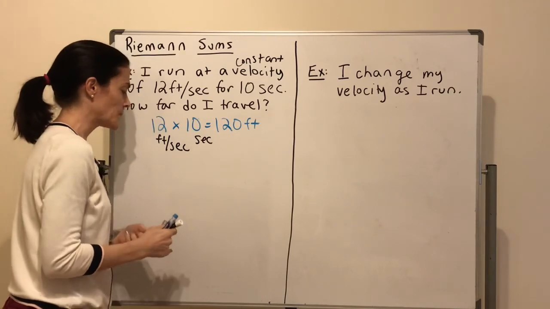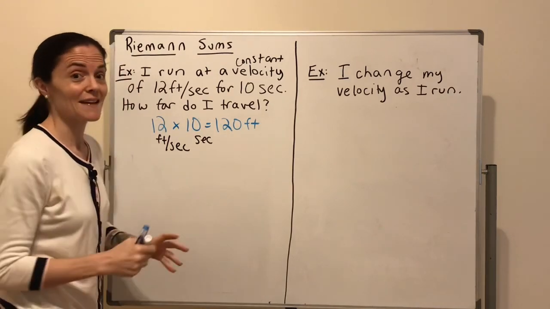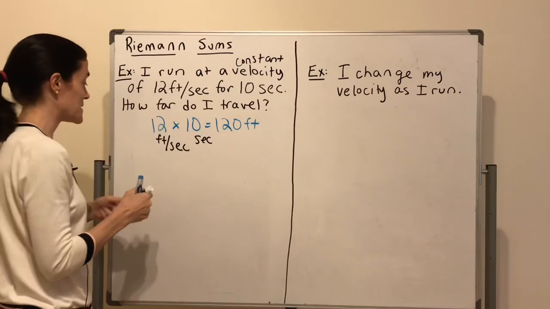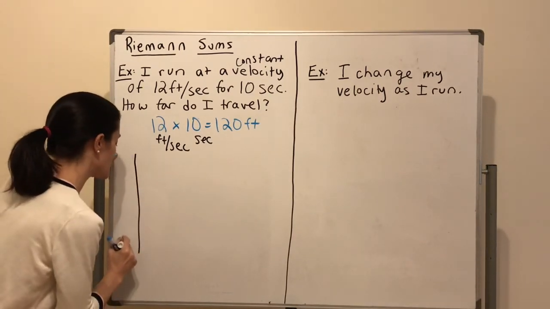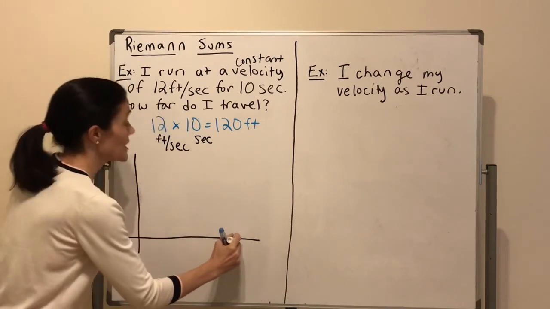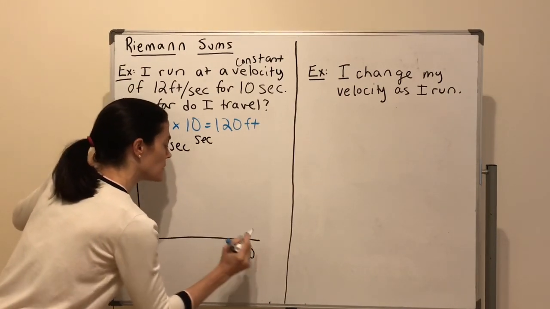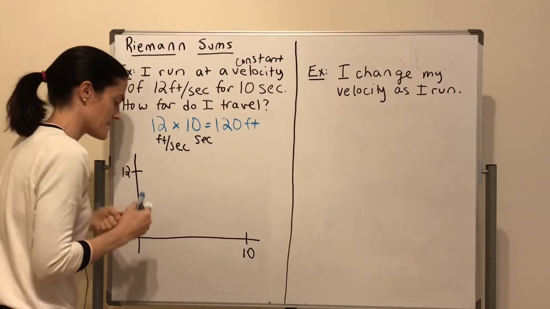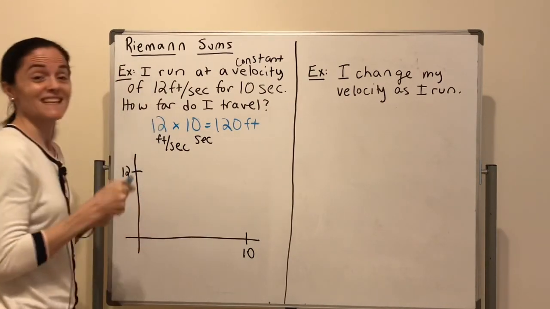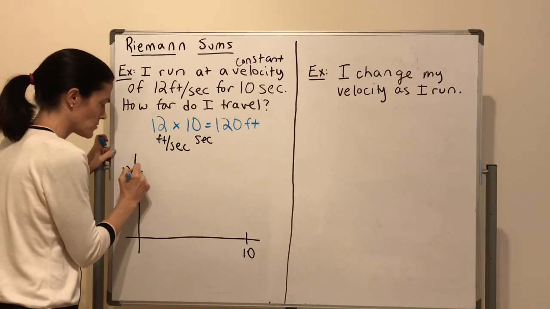Now, what's important to understand, or the way I like to think about this and begin with this, is let's look at a graph of velocity. So I'm running for 10 seconds, and I have constant velocity 12. So my velocity function is here.